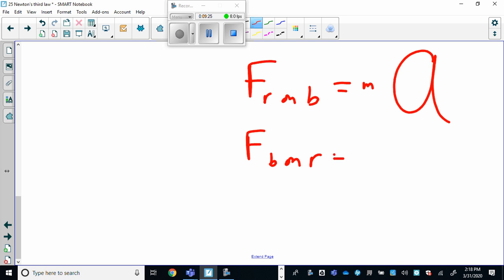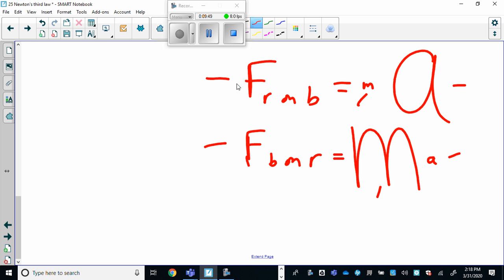The rifle has a much bigger mass, therefore it must have a much smaller acceleration. So for these two forces to be the same size, equal and opposite in magnitude, then you have to have this relationship. If one has a low mass, it has to have a high acceleration. If it has a high mass, it has to have a low acceleration.